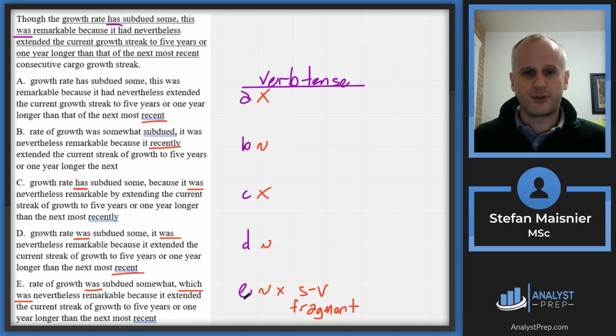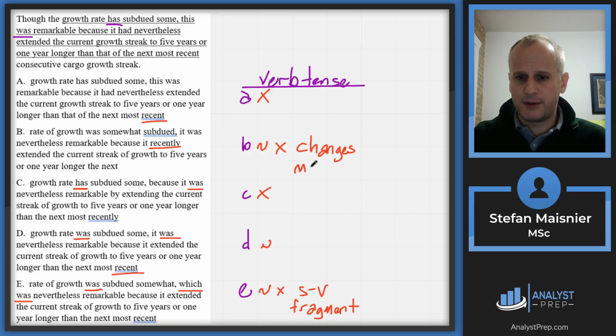But if we consider choice B and talk about the rate of growth having been somewhat subdued, it was nevertheless remarkable because it recently extended the current streak of growth. Well, is it remarkable just because it extended or because it did it recently? It doesn't say it was done recently previously in choice A, so choice B changes the meaning.